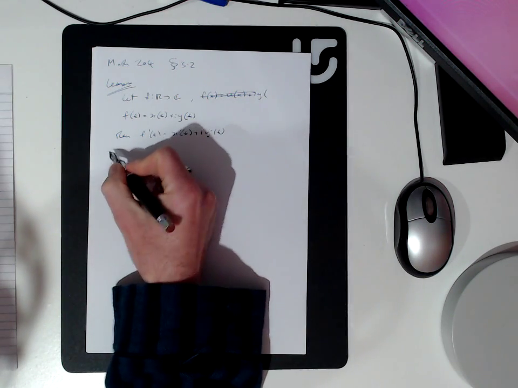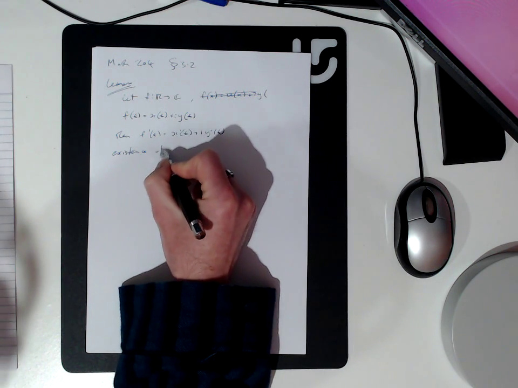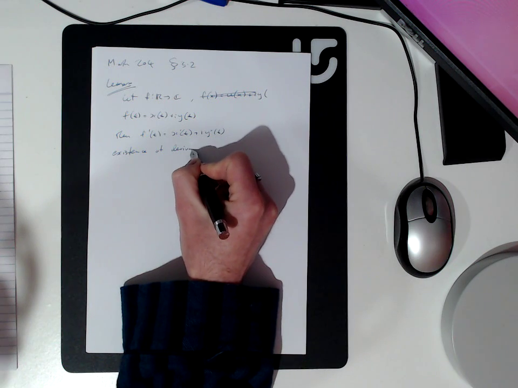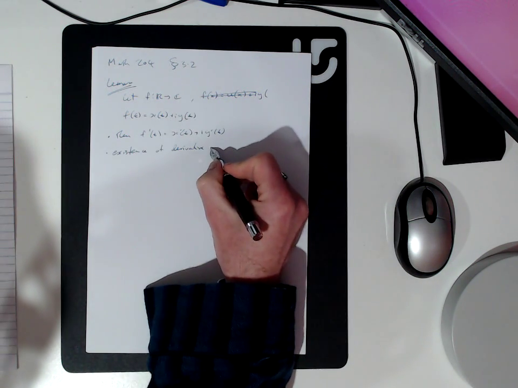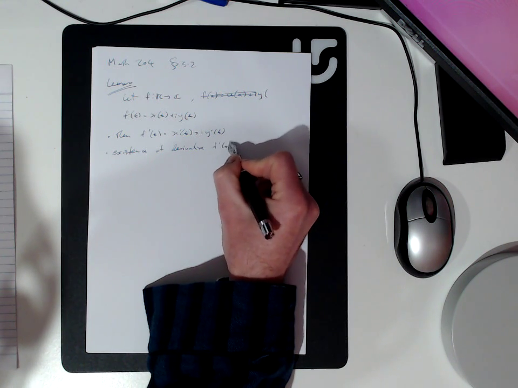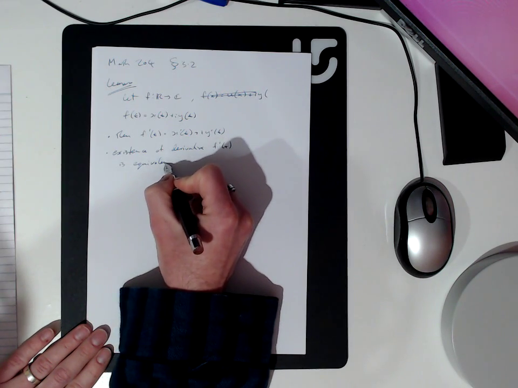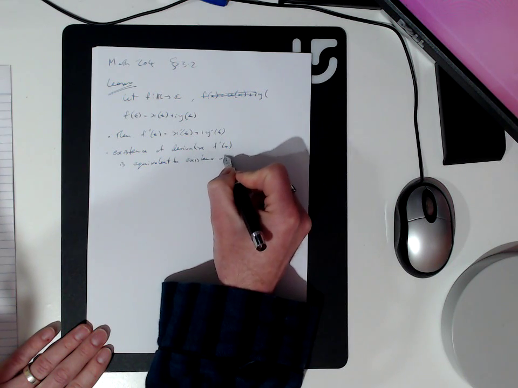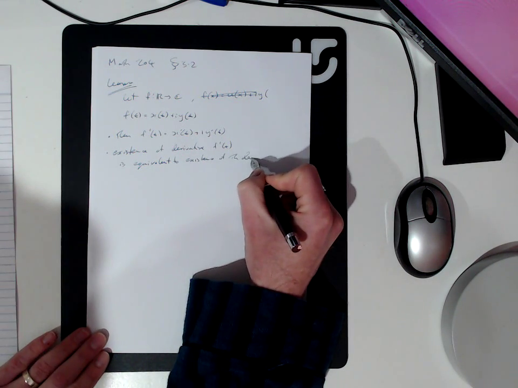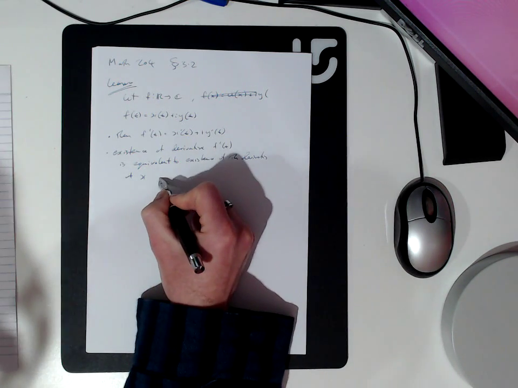And in particular, existence of the derivative f dash t is equivalent to existence of the derivatives of x and y.